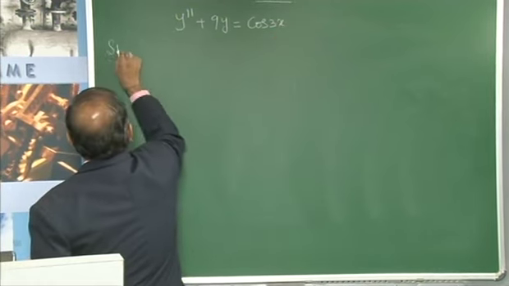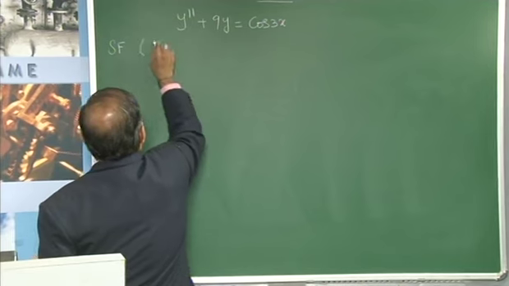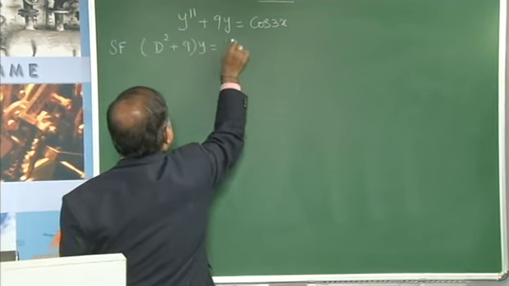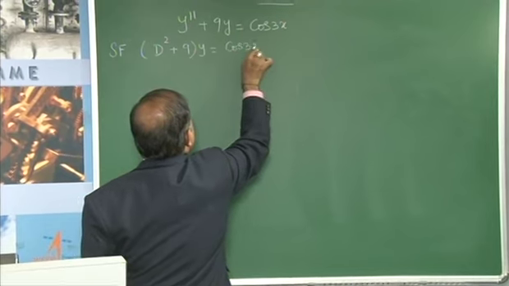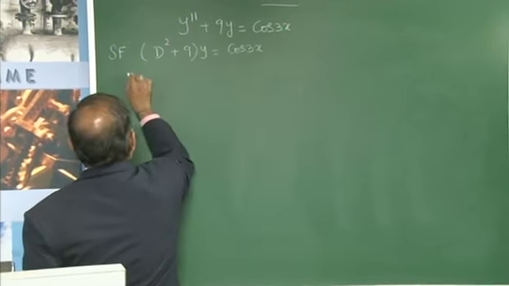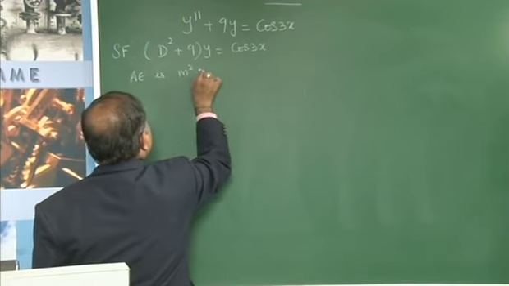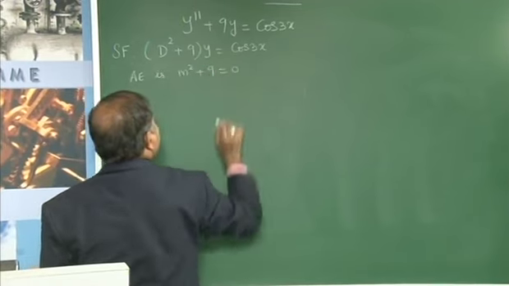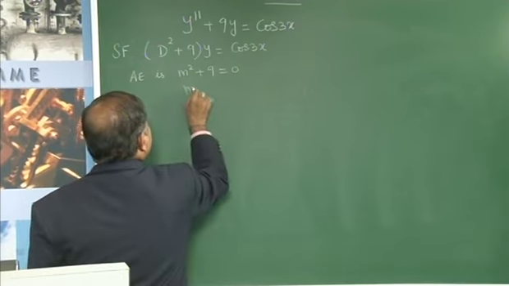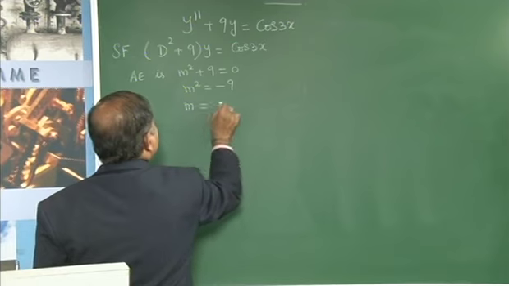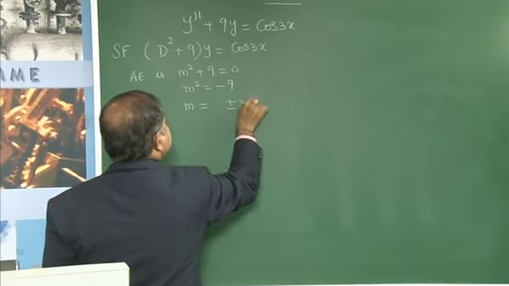Standard form, D square plus 9 into y equals cos 3x. Auxiliary equation is m squared plus 9 is equal to 0. M squared is equal to minus 9. M is equal to plus or minus 3i.